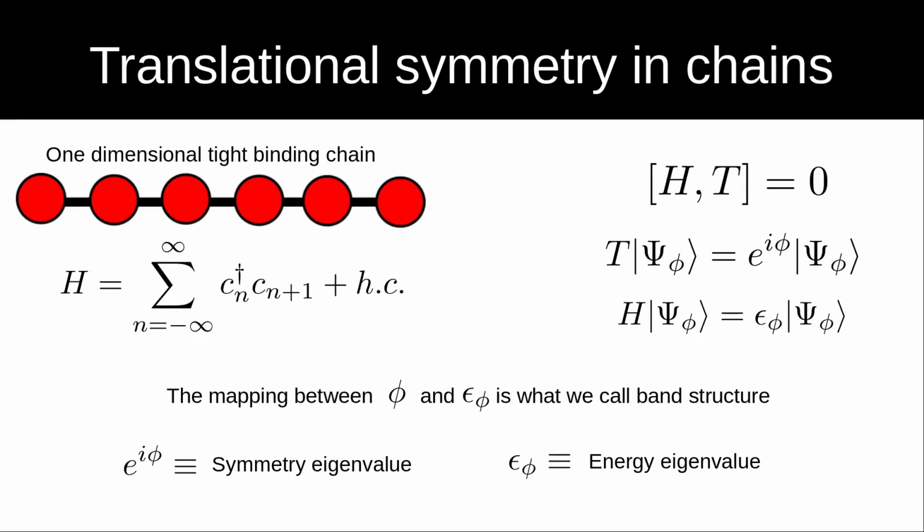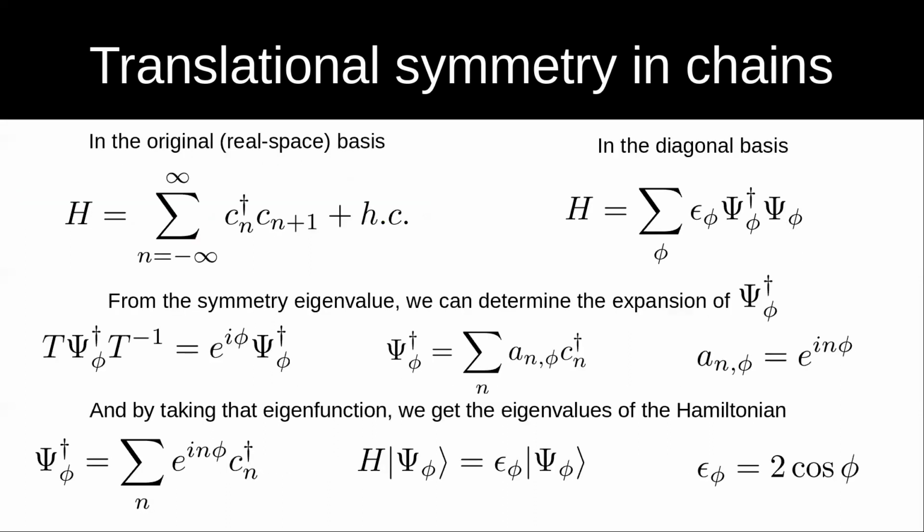So there's a mapping between the phase that an eigenstate gains when translational symmetry is applied and the energy of the state. So the phase is related with the symmetry eigenvalue, and the energy is related with the eigenvalue of the actual Hamiltonian. So effectively, this mapping between the phase in the symmetry and the energy is what we call the dispersion relation of a periodic system.